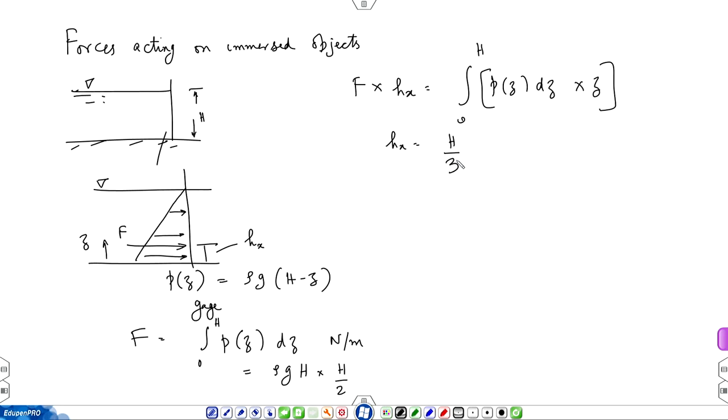So, for this simple problem, which you will keep encountering, you can use this result that on a vertical surface, the maximum pressure, which is at the base, multiplied by the height divided by 2 will give you the resultant force, and its point of action is 1/3 h.